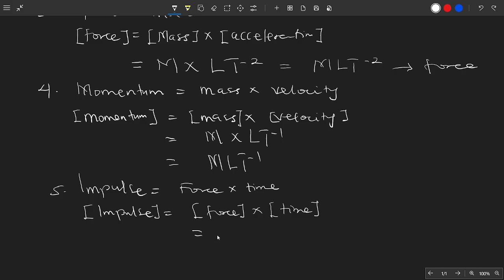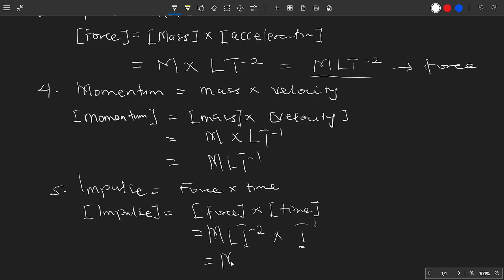What is the dimension of force? Now, we have this here, the dimension of force. So we have M L T negative 2 times T. Now you can see that we have T and T. This is exponent 1. So multiplying with the same base, we add, right?